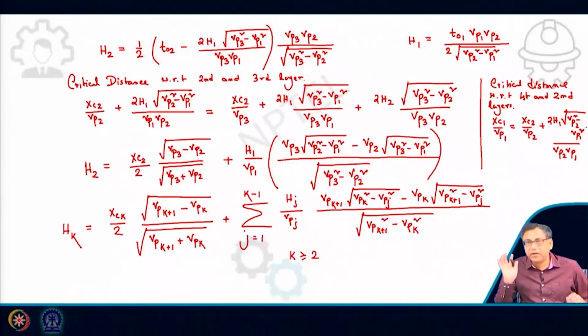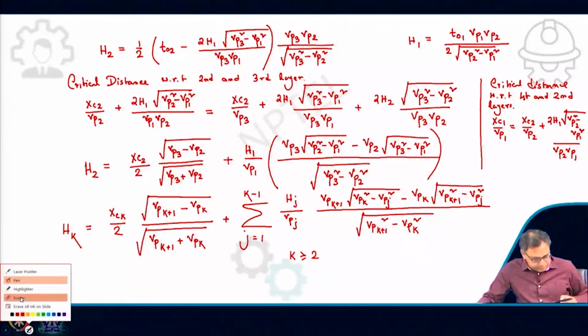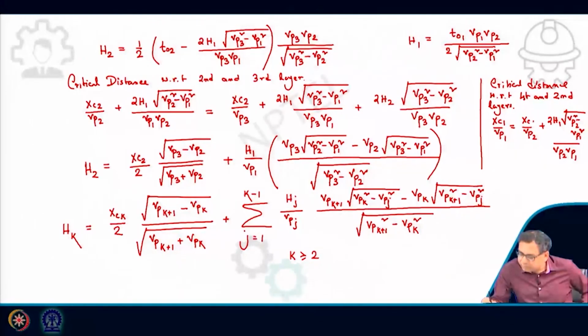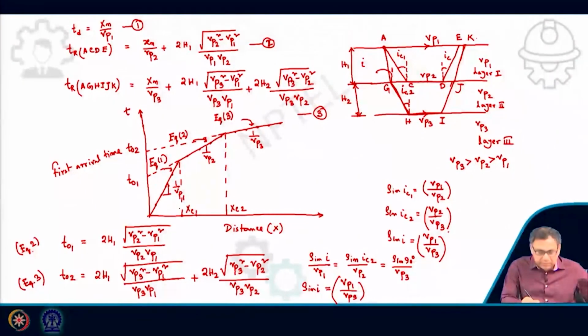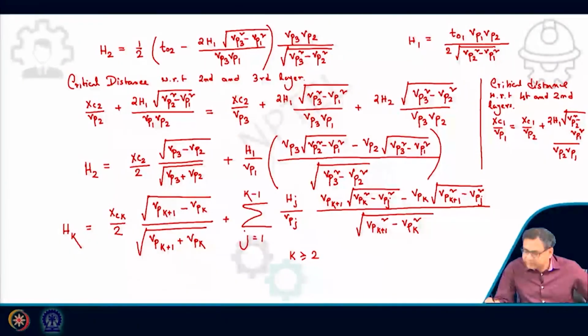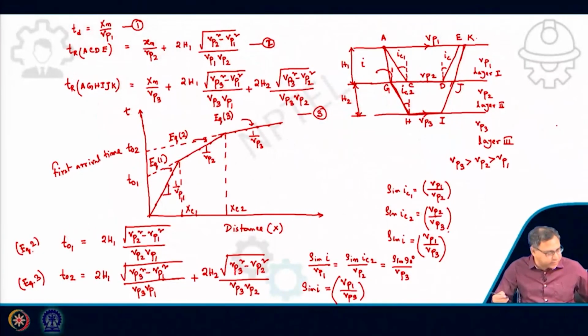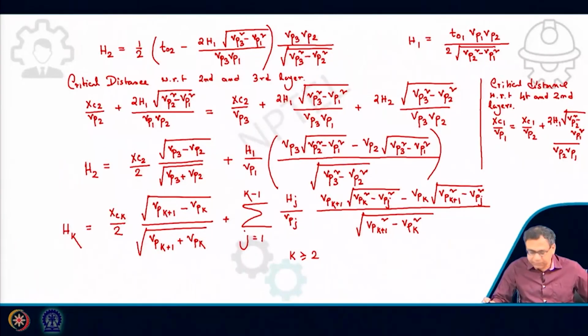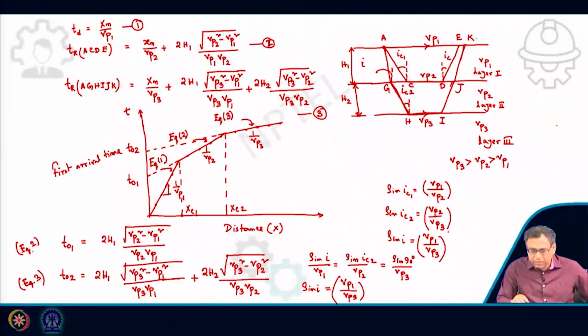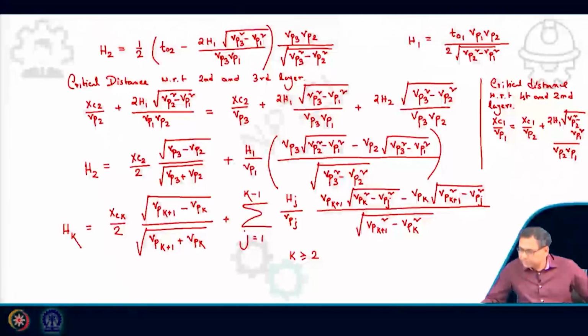So for the first layer thickness calculation, you have to use this equation. This is also xc1, which you will get from this plot. So you will get xc1, Vp1 and Vp2, and the only unknown is H1, which you will get from this equation.